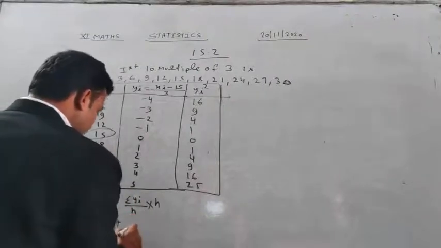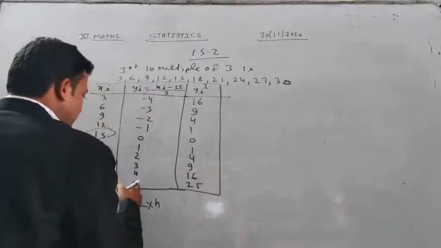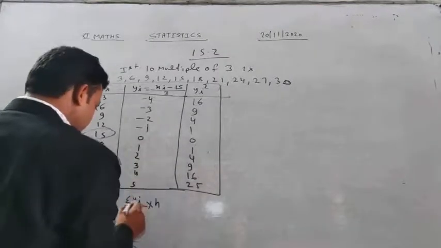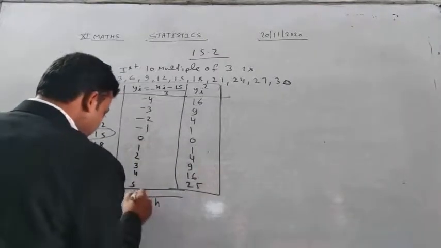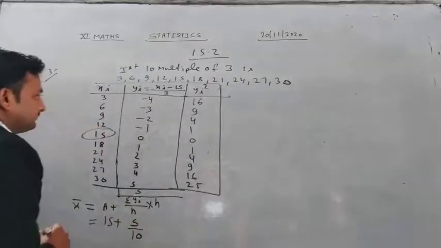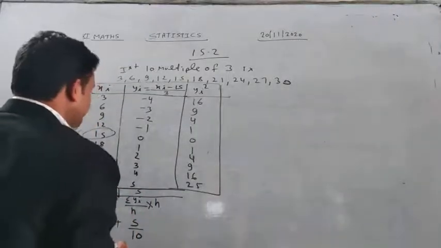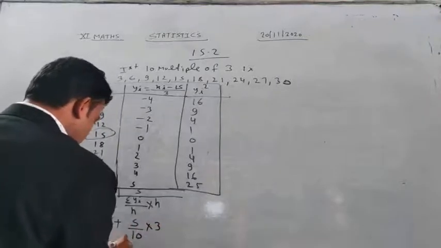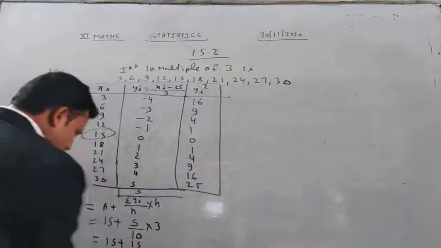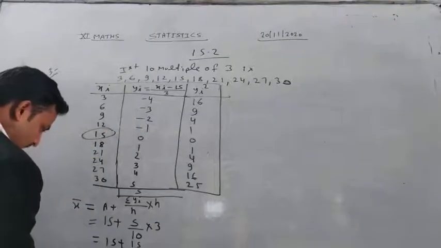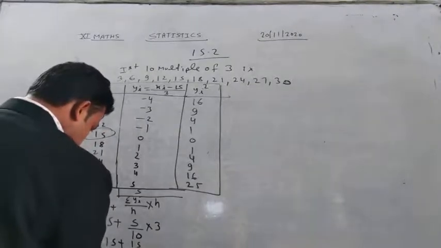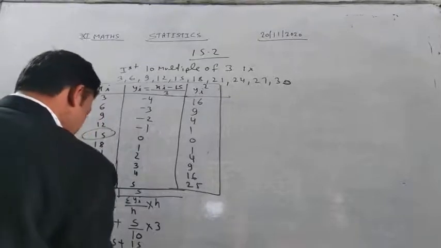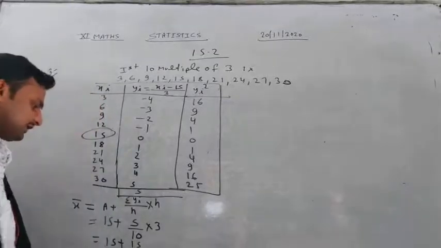The number of terms is 10, and in the summation of yi the 4, 3, 2, 1 will cancel out. Here it will be 5. So it will be 5, and h is 3. So 15 plus 15 by 10. So x bar will be 15 plus 1.5, that is 16.5. This is our mean.